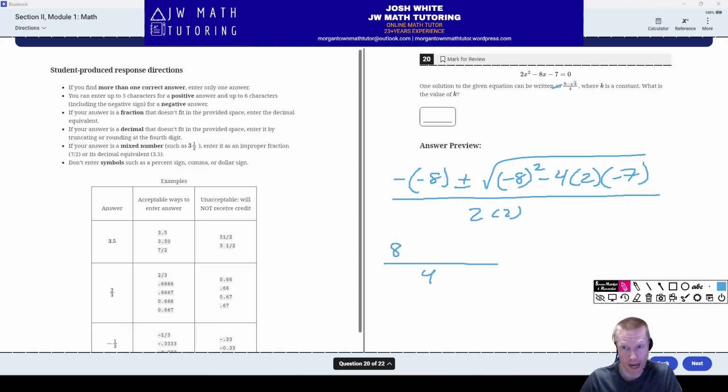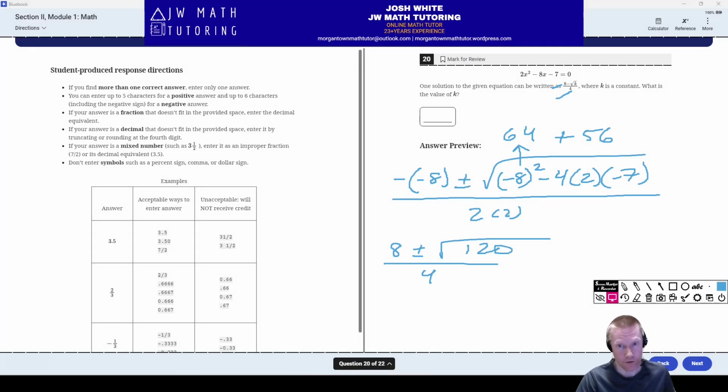Notice those match the format of the answer. So that tells me the k value is just going to be whatever this number is. We don't need to simplify it or pull anything out of the radical because we're not reducing the 8 and 4 in any way. So this is 64. This is 4 times 2, which is 8. 8 times 7 is 56. And the negative and negative mean it's going to be positive. So this is going to be 120. Therefore, the correct answer for this problem is just 120. That's what you would type in.